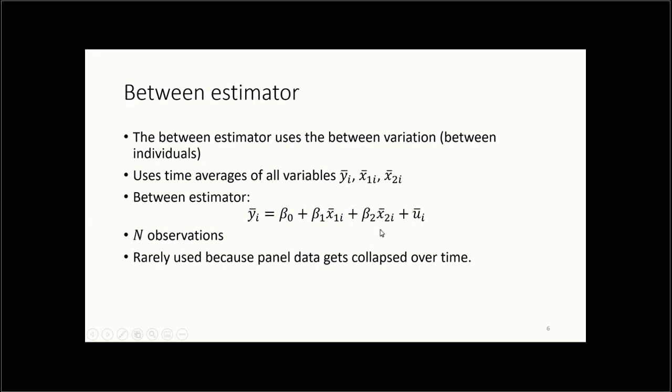So here we would have n observations because we would be taking the averages over time for each individual. This is rarely used because the panel data essentially gets collapsed over time, and we're not using the richness of the data set to estimate panel data models, but only the between estimator that considers the variation from one individual to the next, but not over time.